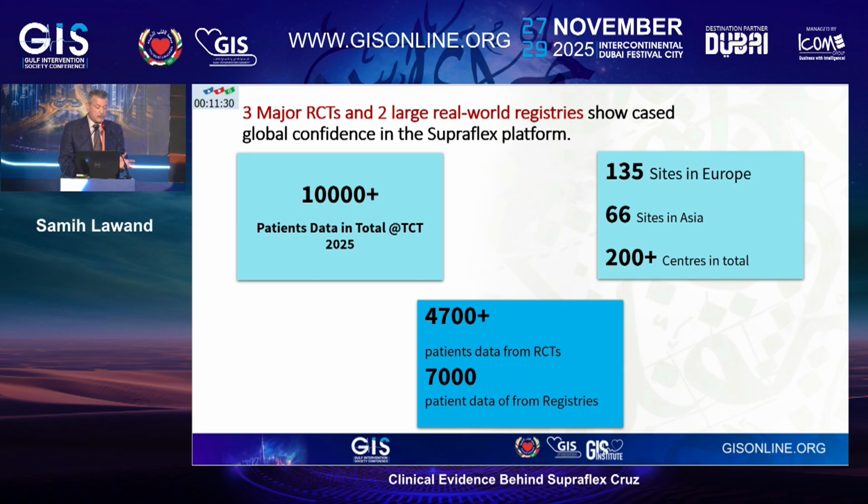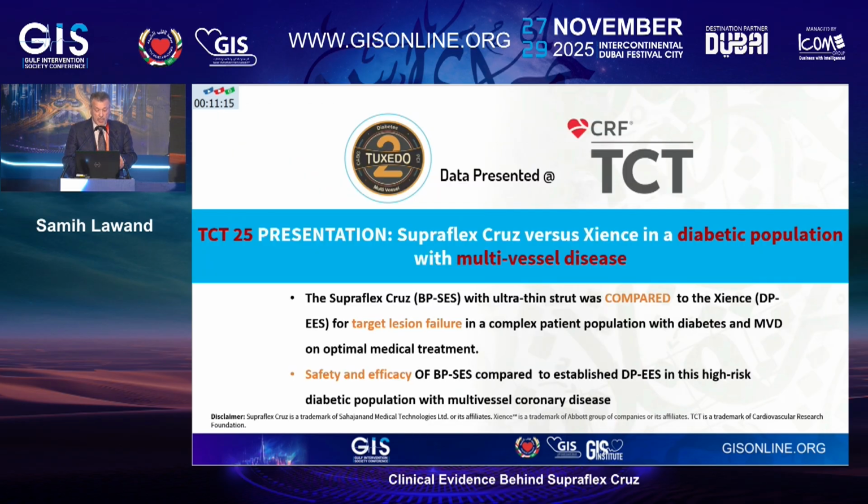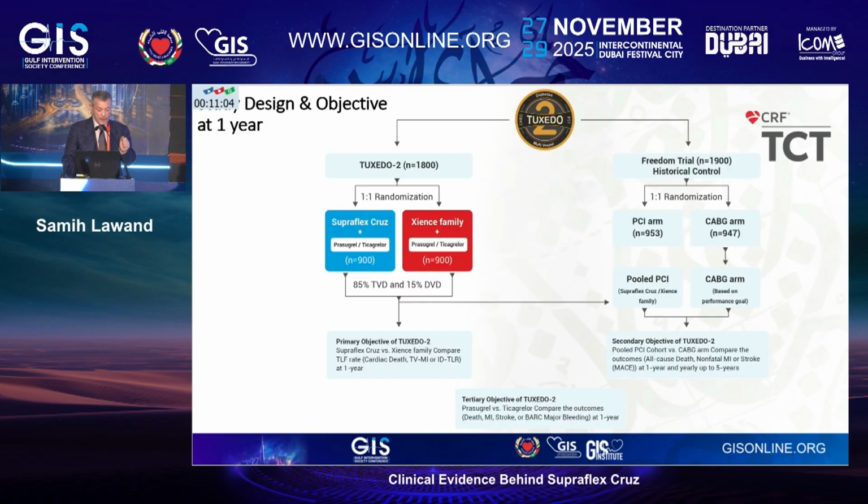Now these are the total number of patients studied in TCT 25 presentations and included different sites in Europe, Asia, and a total of more than 200 sites, and numbers of RCTs and registries were included. In a diabetic population with multi-vessel disease, the study aimed at comparing Supraflex with Xience for target lesion failure and safety and efficacy.